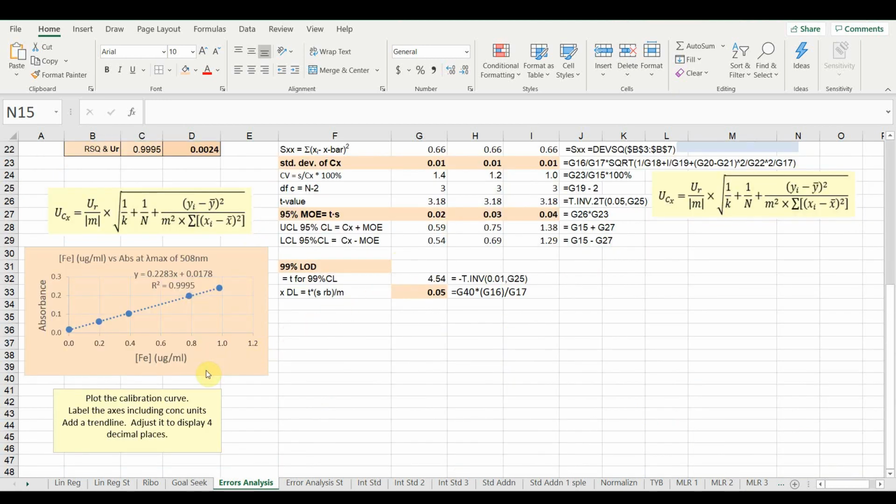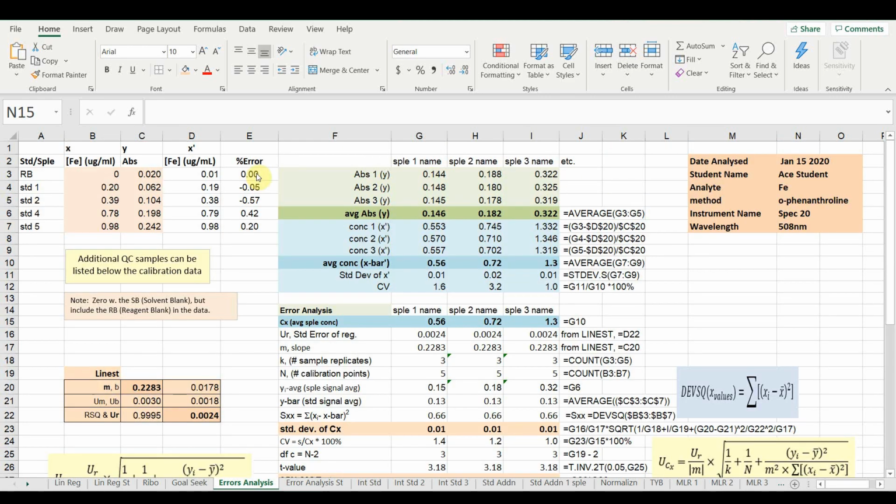Here's the graph of her calibration curve. Here's the regression equation of the standards, and she has a very good r-squared 0.9995, which is reflected by the fact that we see very low percentage errors on the forecasts of her concentrations of the knowns.